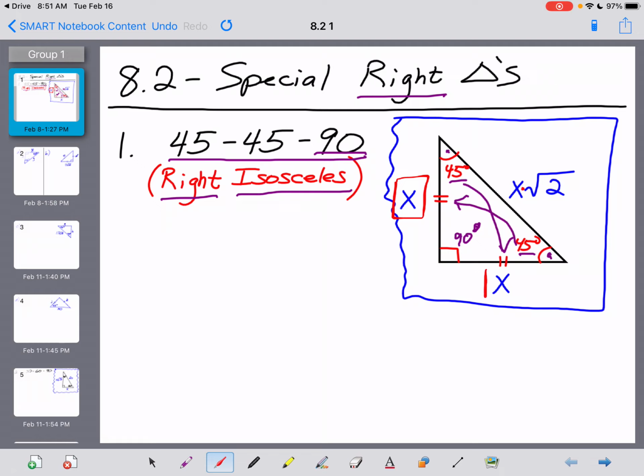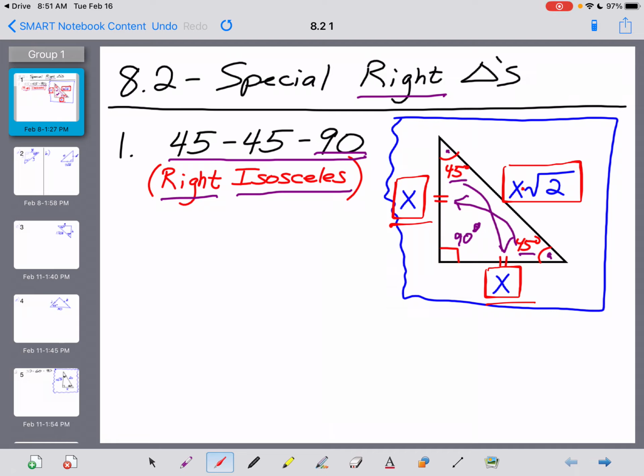The other leg, as you may have figured out already, is going to be x as well. Why? Because of the reason we just discussed. If this triangle has two congruent angles, the two at 45 degrees, it must also have two congruent sides. So however long your first leg is, your second leg needs to be congruent to it. And the hypotenuse in a 45-45-90 triangle is always going to be x multiplied by the square root of 2.